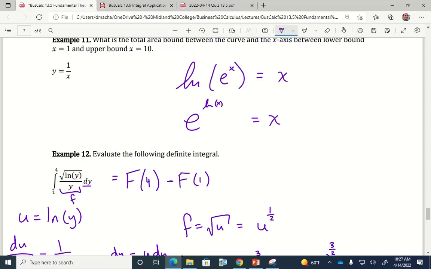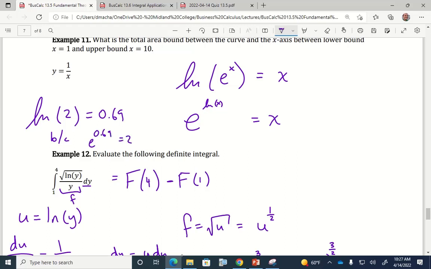So if I have the natural log of 2, for example, we're saying that e raised to what power gives me 2? And it turns out e raised to the power 0.69 gives you 2. So we say natural log of 2 is 0.69 exactly because e to the power 0.69 equals 2.